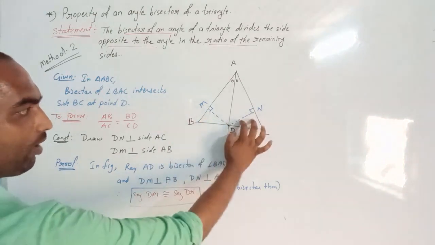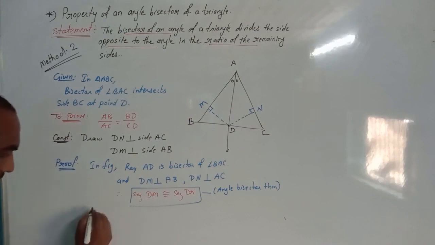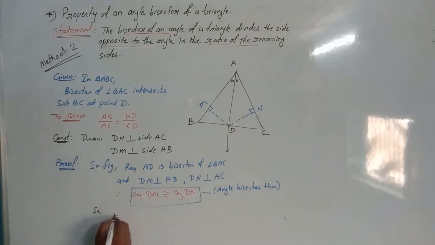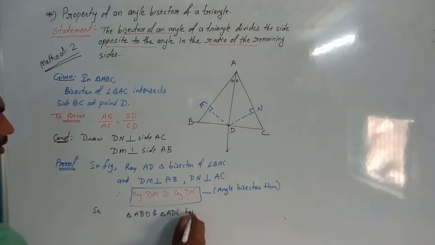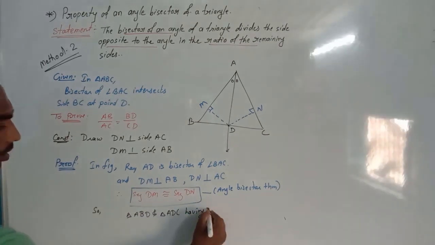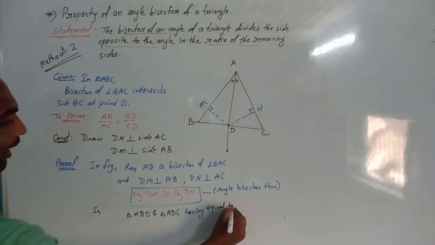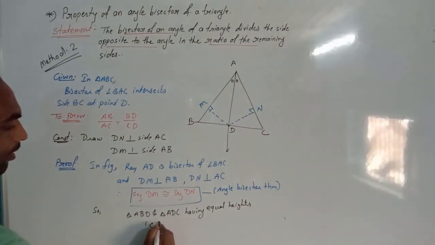So height equal हो गए तो दोनों का एरिया किसके ऊपर डिपेंड करेगा? बेस पे. So in a triangle ABD and triangle ADC having equal heights, that is MD or DM.